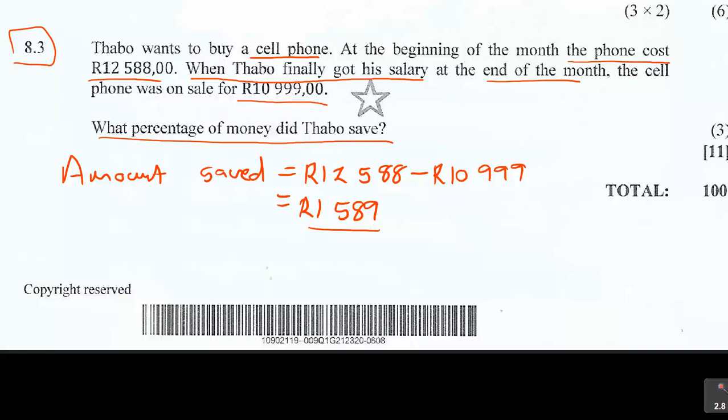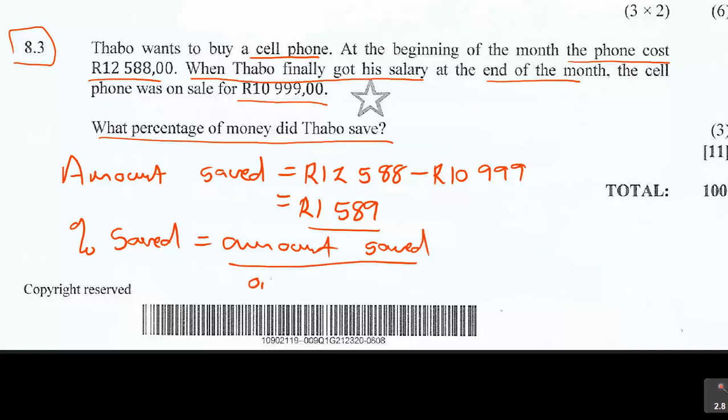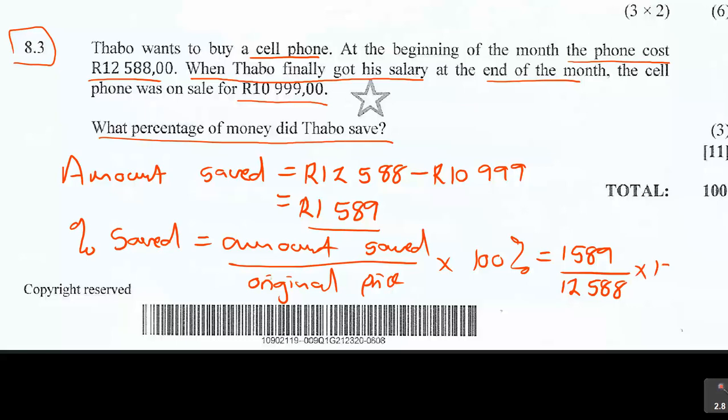So to find the percentage he saved, percentage saved is equal to the amount saved over the original price, and then we multiply by 100%. Are you seeing that? So it is equal to amount saved, which is 1,589, over original price 12,588 times 100.